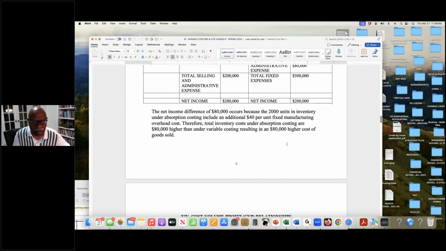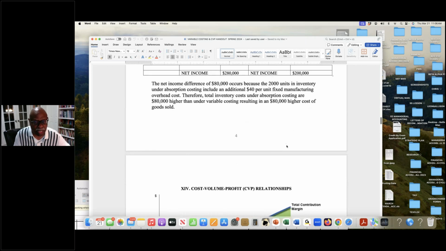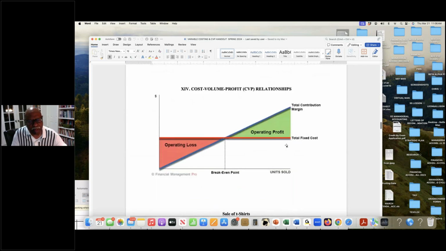You just need to be aware of that and realize that income statements over the next 6 weeks will be prepared that way. Then we move into the cost volume profit relationships.